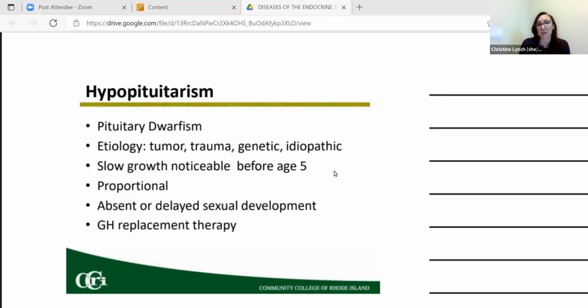This trait varies with different types, but there are also other effects from the absence of the tropic hormones, and that's what we're going to be talking about a little bit later in the lecture. But this type of dwarfism has absent or delayed sexual development, and it can be treated with growth hormone replacement therapy. So the person will always be smaller, but closer to a normal range for height and stature with hormone replacement therapy.